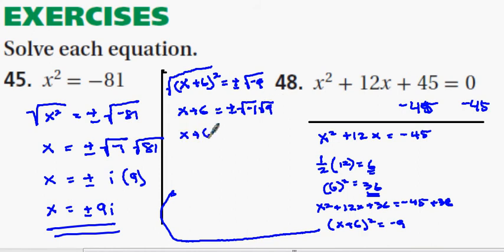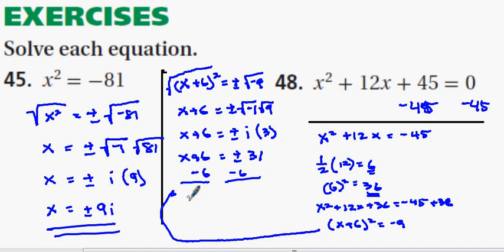By definition, square root of negative 1 is i, so equals plus or minus i. Square root of 9 is 3. So we have x plus 6 equals plus or minus 3i, and then we simply subtract 6 from both sides of the equation, and my final answer is going to be x equals negative 6 plus or minus 3i.